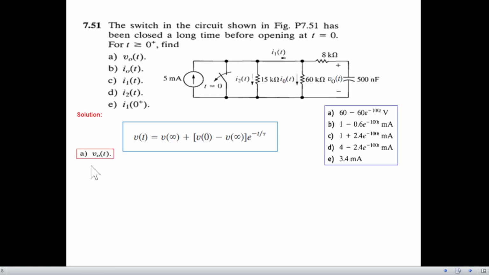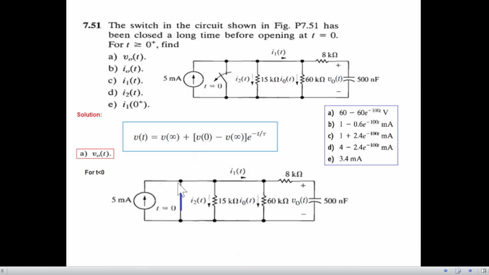Okay, so the first one is V0(t), that is the voltage here. And so from here you can see we have to find V0 for t less than 0. So what will be the circuit for t less than 0? The switch, keep in mind, is closed and it is opening at t equal to 0. So that means our circuit will be closed like this.